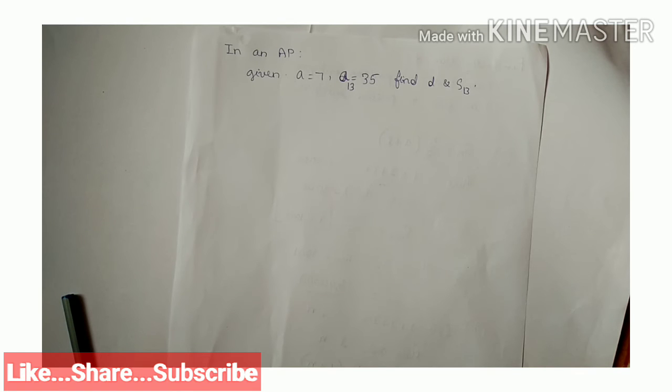Next example, in an AP given a is equal to 7, a13 is equal to 35. Find d and S13. First term is 7, 13th term is 35, and we have to find common difference and sum of 13 terms.